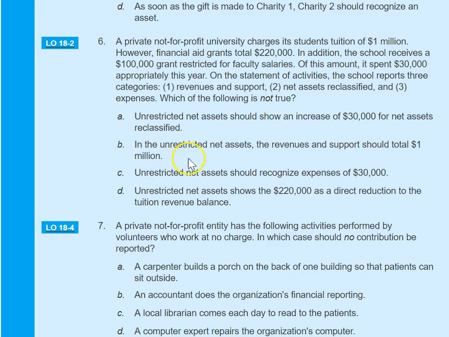Number B, in the unrestricted net assets, the revenues and support should total $1 million. Well, apparently it seems that the revenue is $1 million tuition revenue, but they are giving some financial grants, these $220,000, and these should actually be reduced from their tuition revenue.